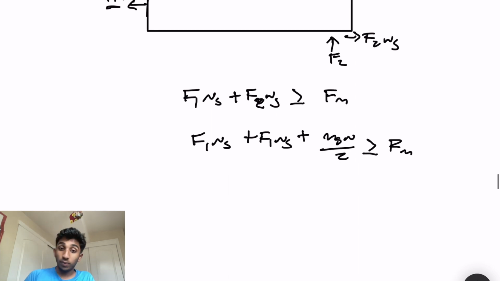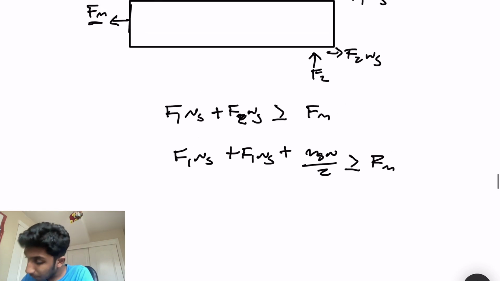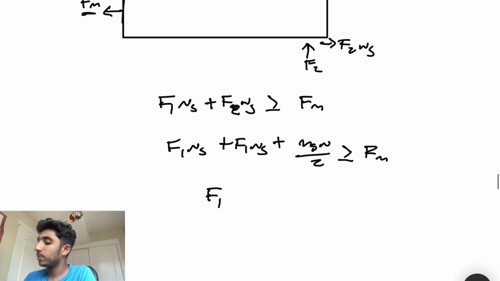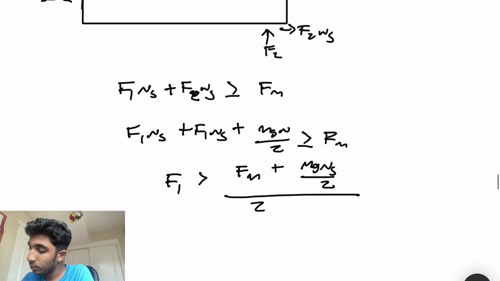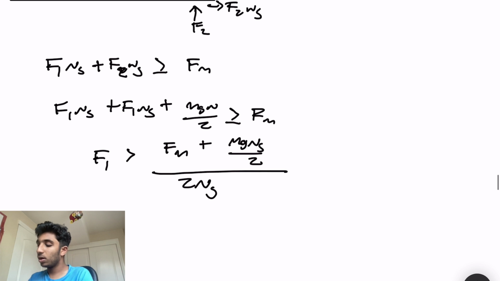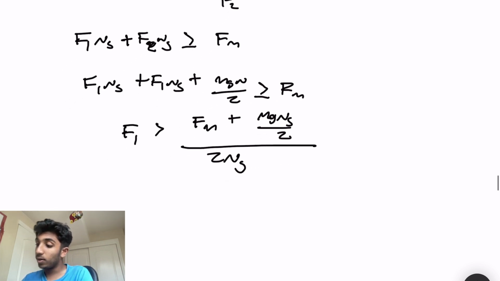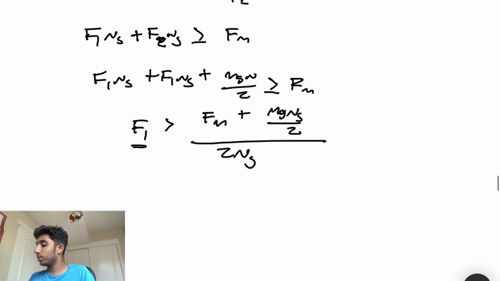So now let's solve for the limits of F1. In order to break it, F1 must be greater than Fm plus mg mu s over 2, all over 2 mu s. Okay, so that's the defining limit on the force. If we exceed this force on the top, then we will guarantee to break the pencil.